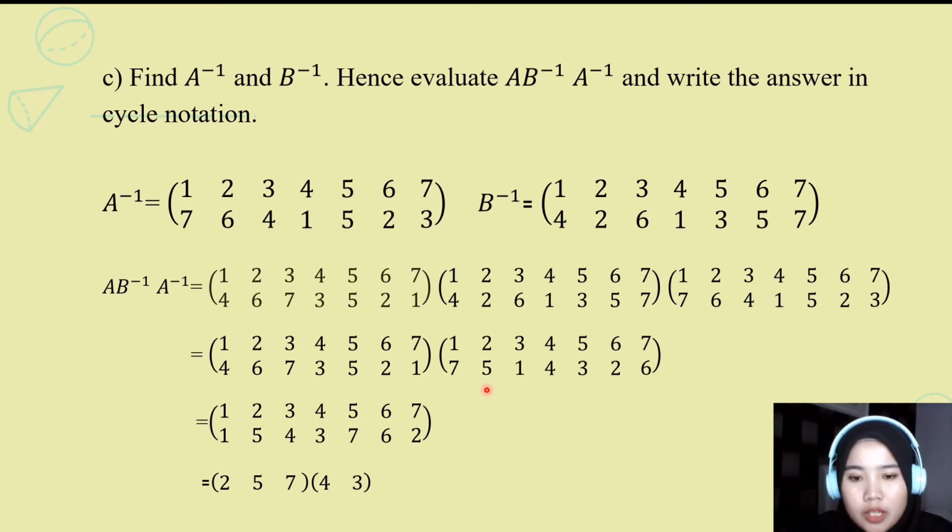After we got this answer, we multiply with A. So we got 1 to 1, 2 to 5, 3 to 4, 4 to 3, 5 to 7, 6 to 6, and 7 to 2. So this is the answer for A B inverse A inverse. But the question wants the answer in cycle notation. So here we go: (2 5 7)(4 3).